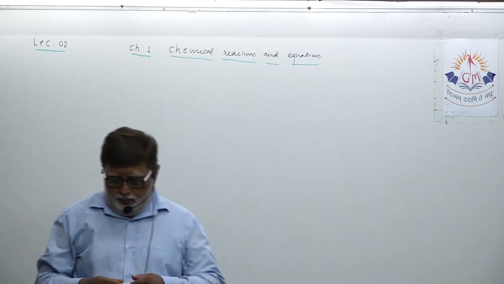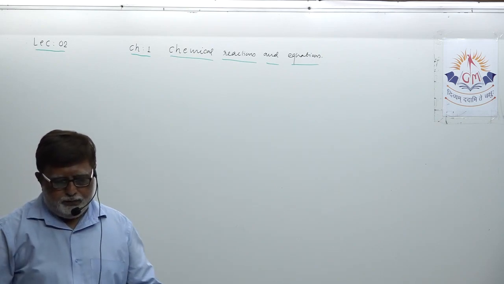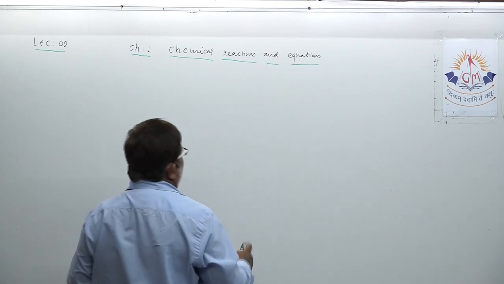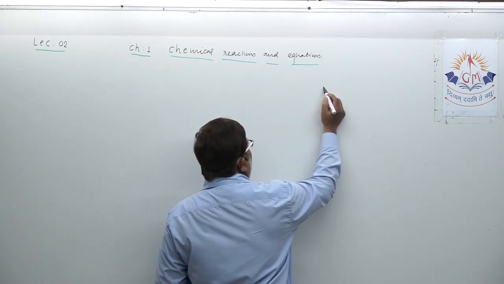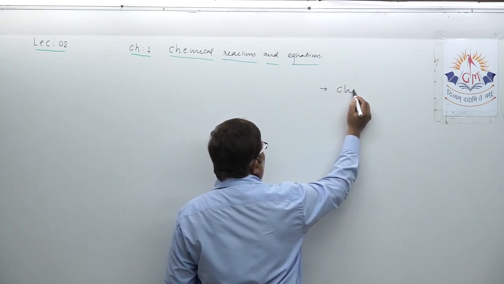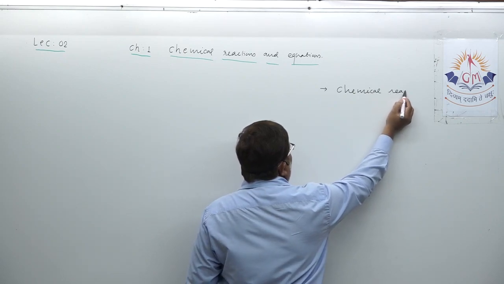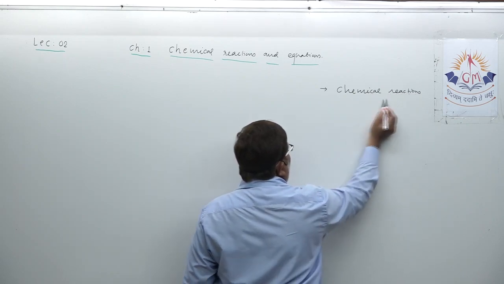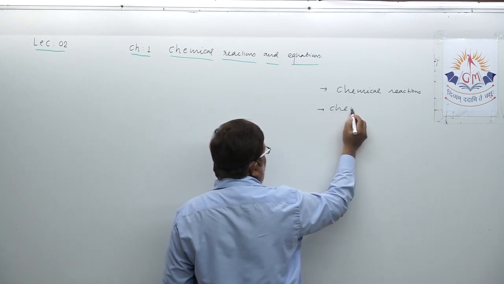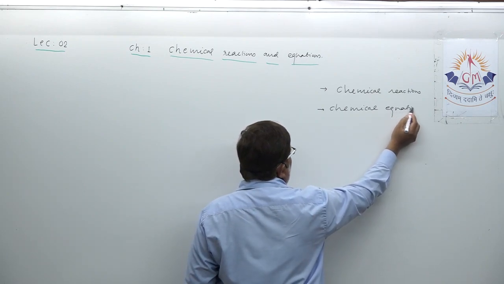You have already understood one word quite clearly, that is chemical reaction. This word is clear in our mind. We know this word very well. Understand? Now our target is to understand this word, chemical equation.